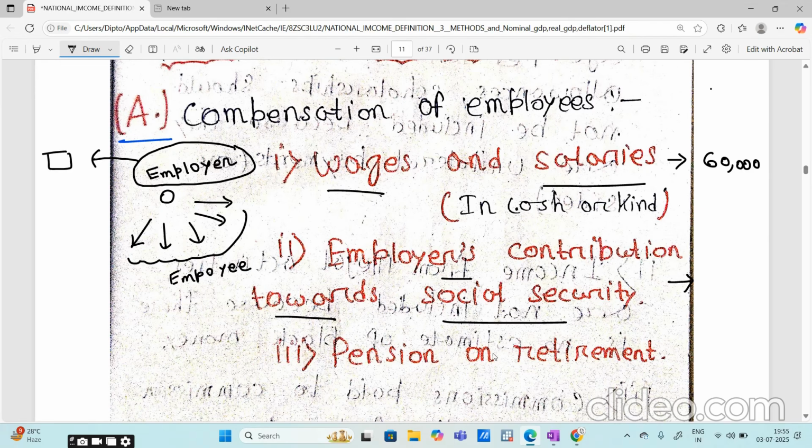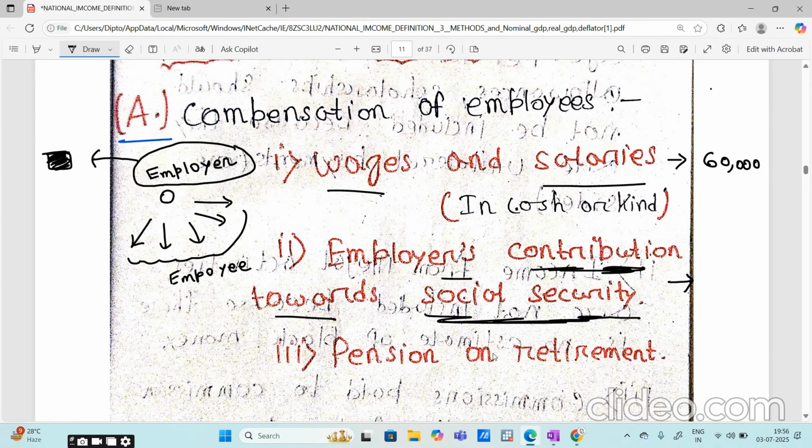So I am making a contribution in this fund as social security, towards the security of my employees, so that if they get any problem in their life, related to an accident or sudden sickness, I can contribute. So my contribution as an employer towards social security is this part.